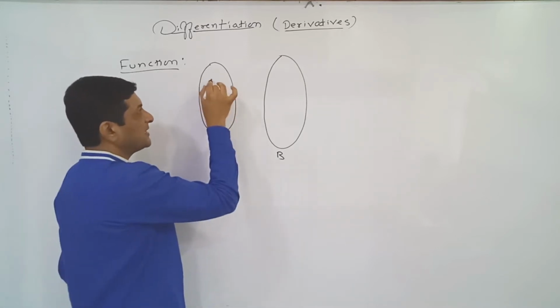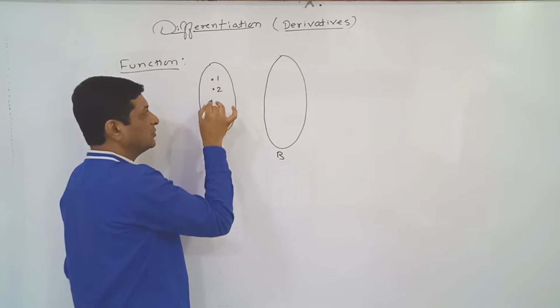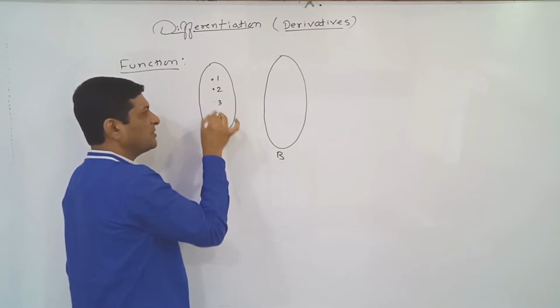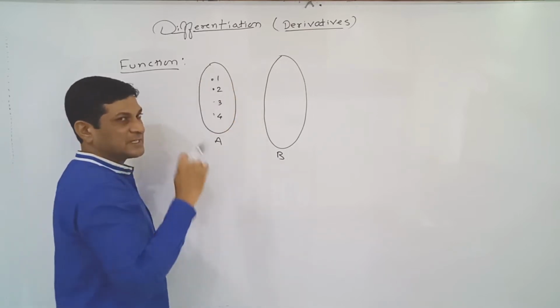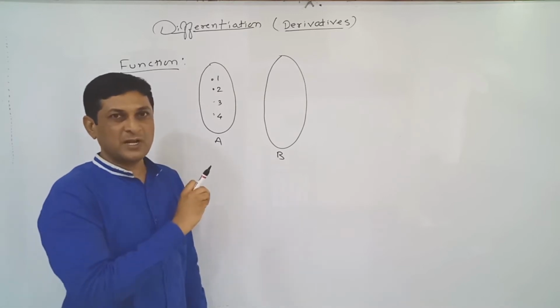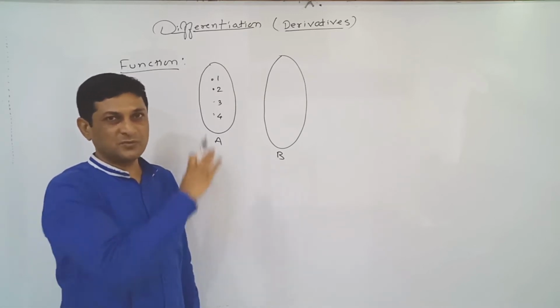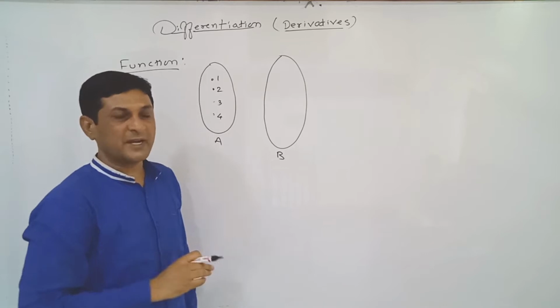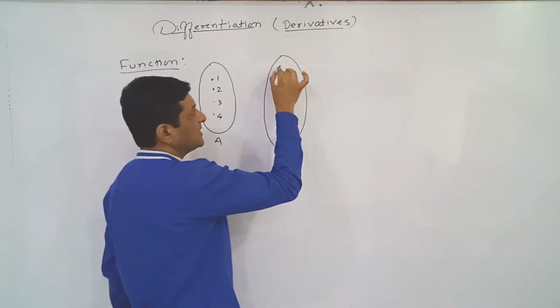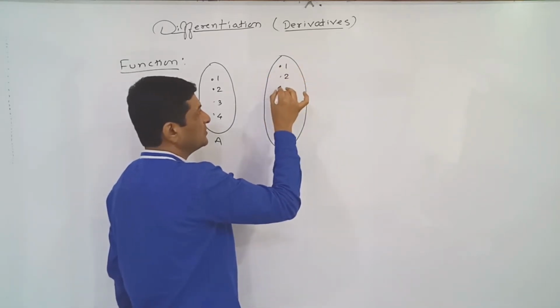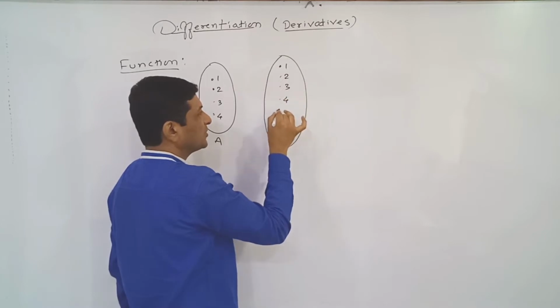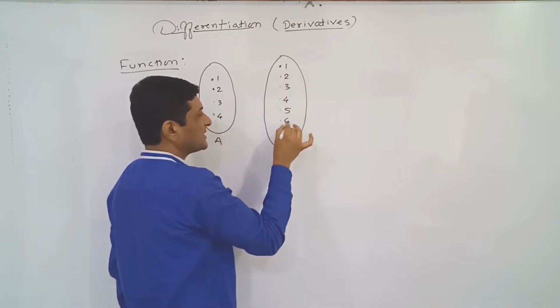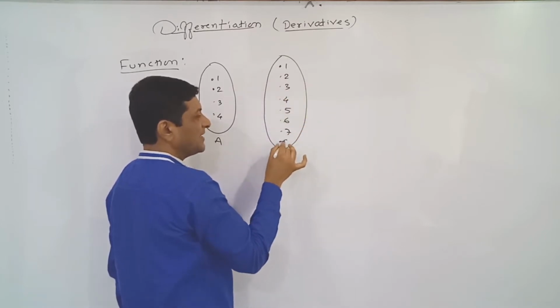Let the elements of set A be, say, 1, 2, 3, 4. Maybe it is possible that infinite elements are there in this set, but just to understand the definition of function, we have considered only 4 elements. And let the elements of set B be, say, 1, 2, 3, 4, 5, 6, 7 and 8.